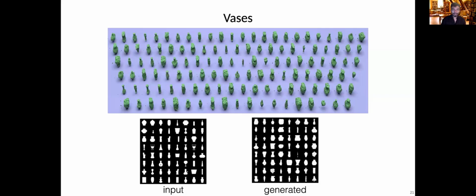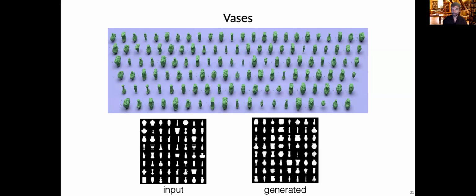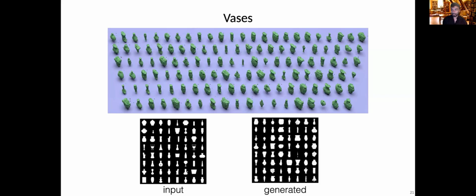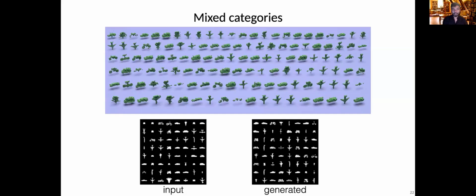All right, so here are vases, which are symmetric, but the model doesn't know that. But once you train it from lots of data, it learns to imagine these kinds of shapes from different viewpoints. The model doesn't have a notion of categories, so you can mix viewpoint objects from different categories together and throw them into the same generative model.